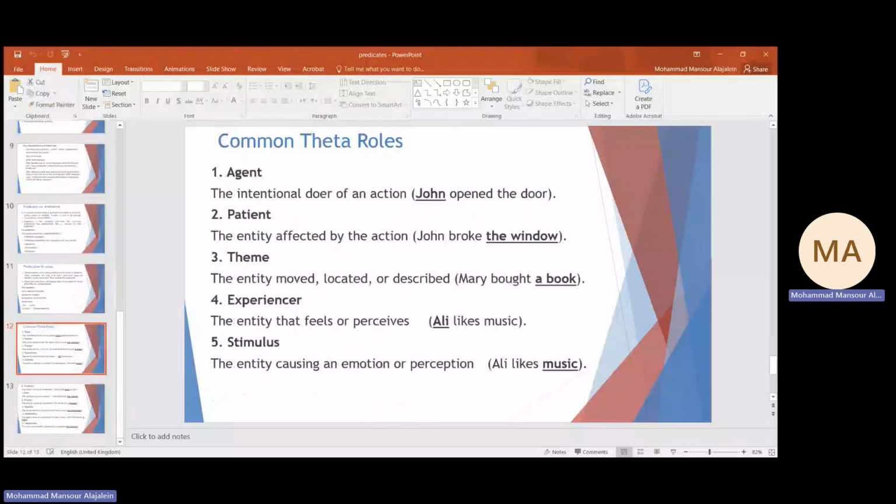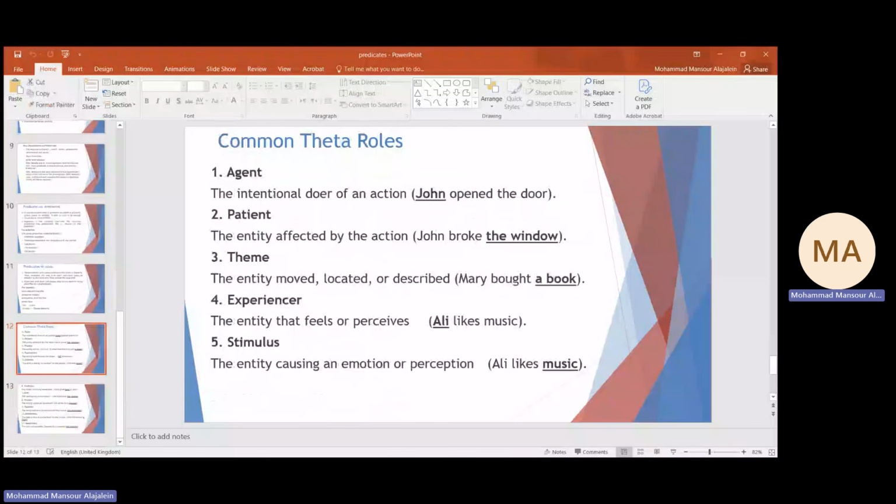And also we have experiencer. The experiencer is the entity that experiences a feeling or perception. For example, when we say Ali likes music. Ali is the experiencer, and he experiences the feeling of liking in this case. And we have also stimulus, which is the entity that causes or triggers an emotion or perception.